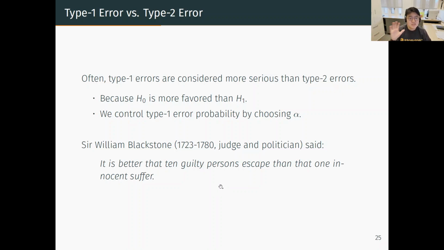We are not willing to reject a true null hypothesis. If it's true, we try to avoid rejecting it. But the other way is not as serious. We may not reject a wrong null hypothesis. That's okay, but we are going to maintain the null hypothesis as much as we can.